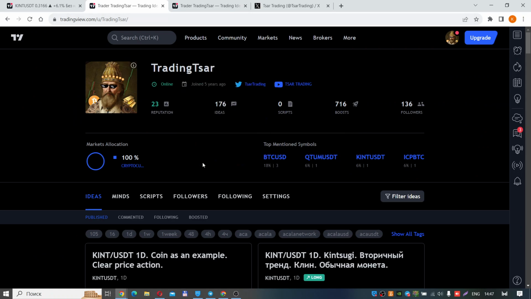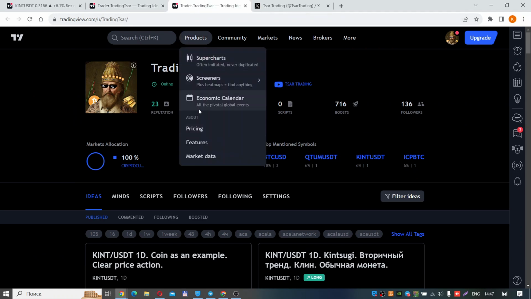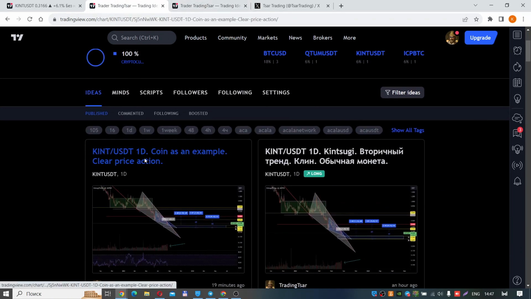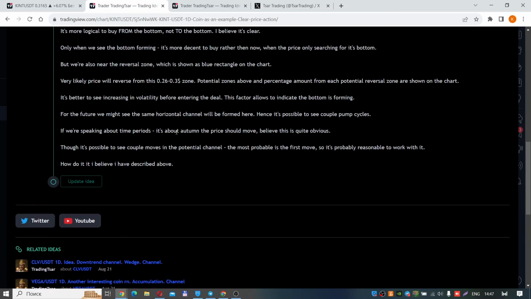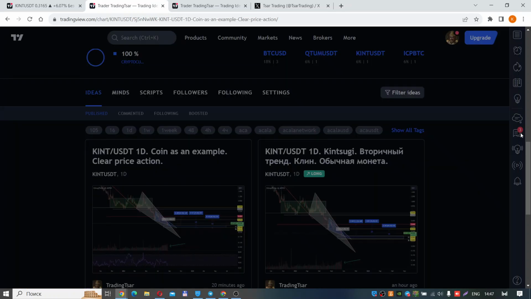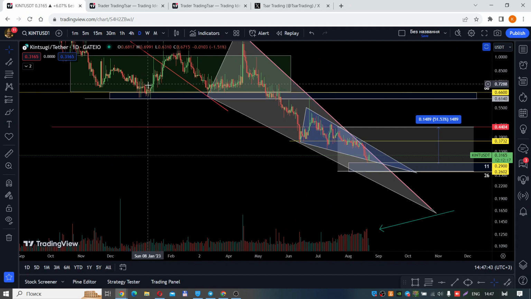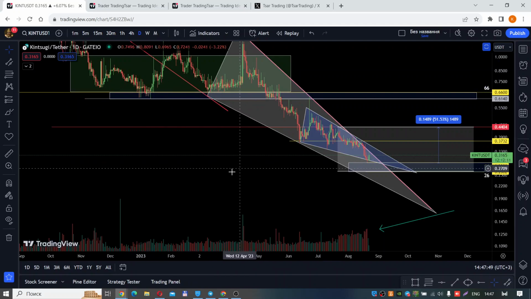I have also described this in this idea. It is more obvious that the bottom has formed when you see price movement like this. It is easier to show this on the video, so I'm showing it right now to you.